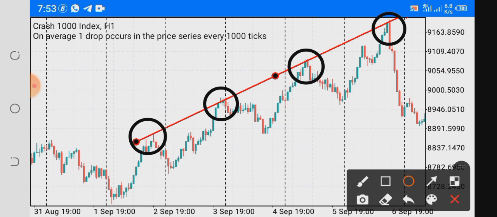Just make sure it's touching two or more higher highs or higher lows when it comes to an uptrend. Remember, a trend line connects two or more higher highs or higher lows, and it will always have an extension. You extend the line so that you know the next place the market will be testing or going to.